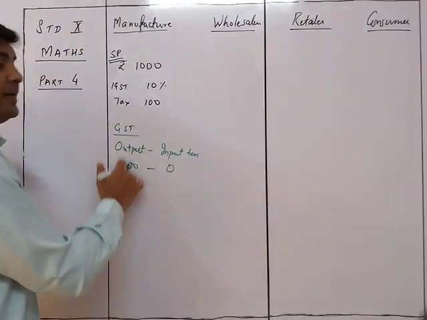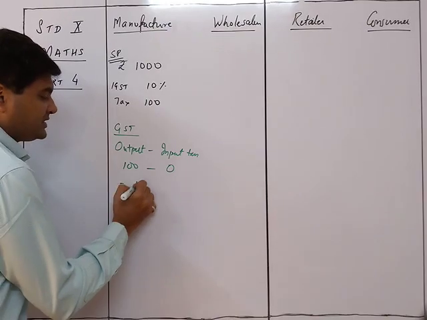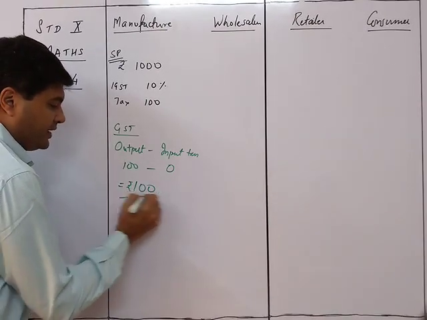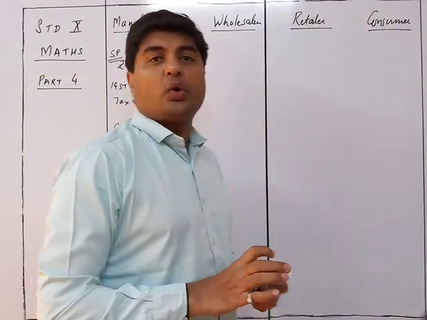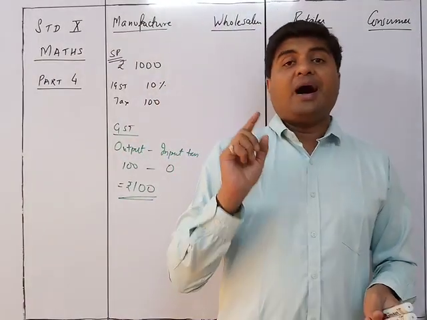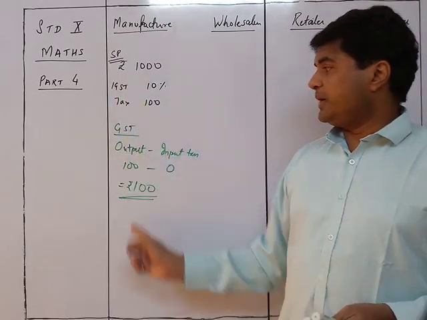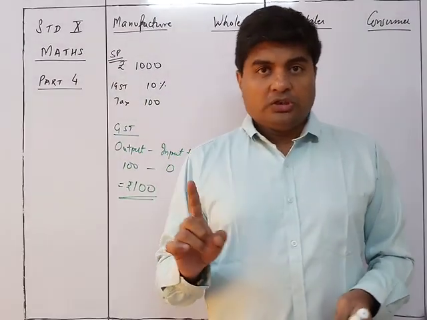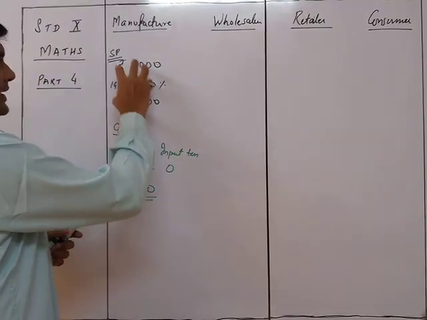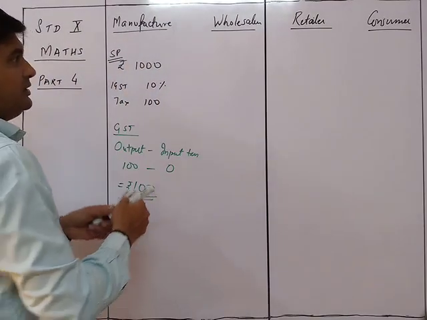So it was the first time it is being sold. That's why it is 0. Hence the government gets rupees 100 from the manufacturer. So the manufacturer is going to pay to the government 100 rupees for this particular transaction. Clear?